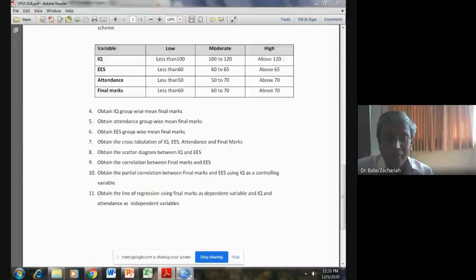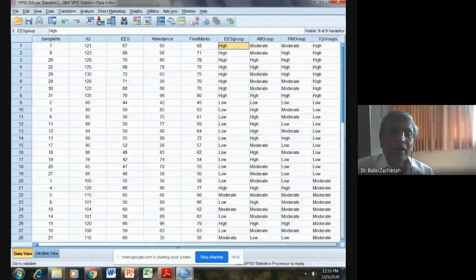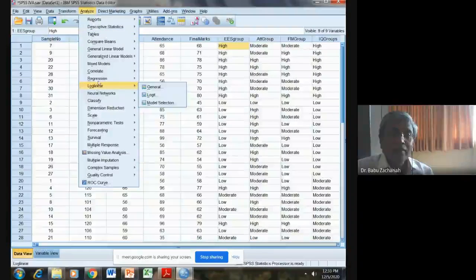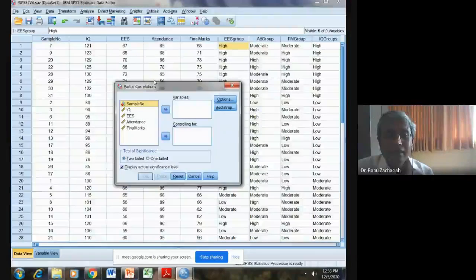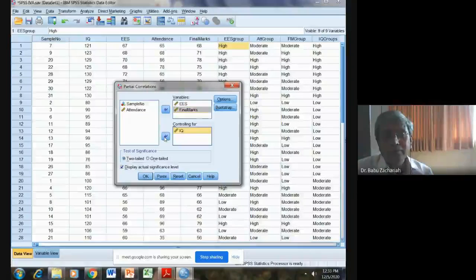For that we have to come here and again go to the correlation, partial. Entrance exam marks and final marks you put here, and you are taking IQ as a controlling variable and click OK.